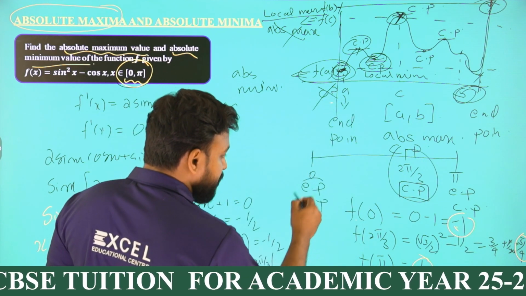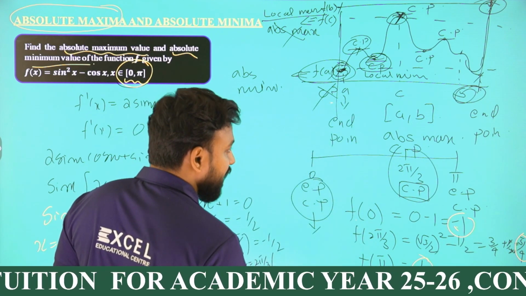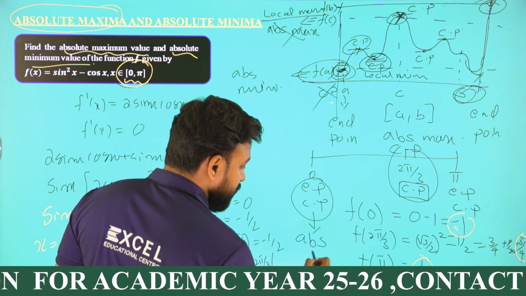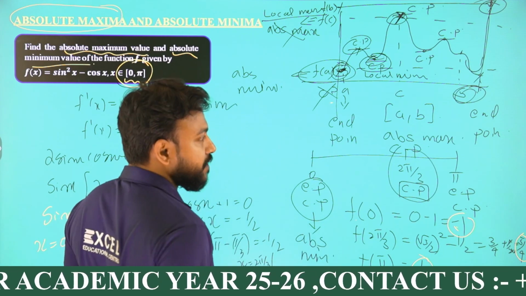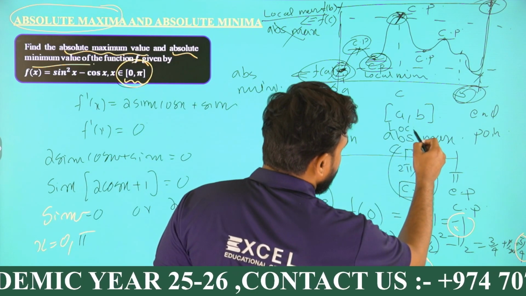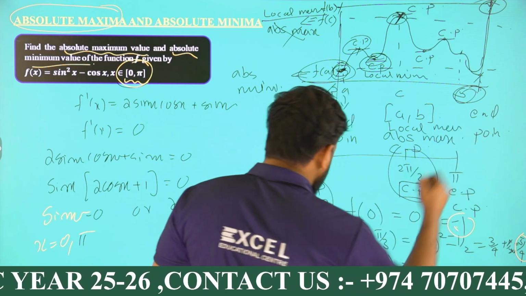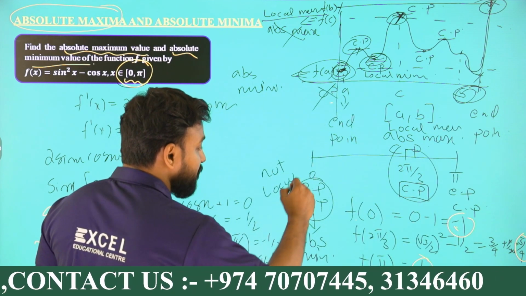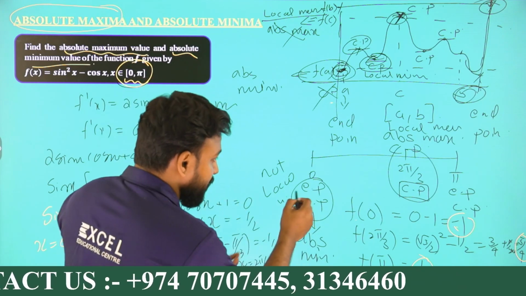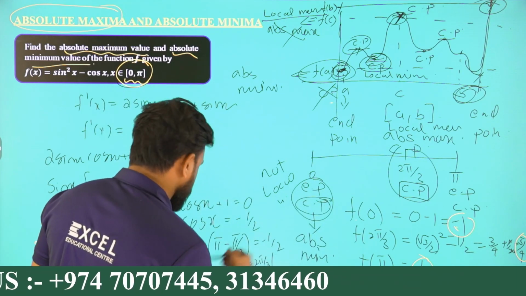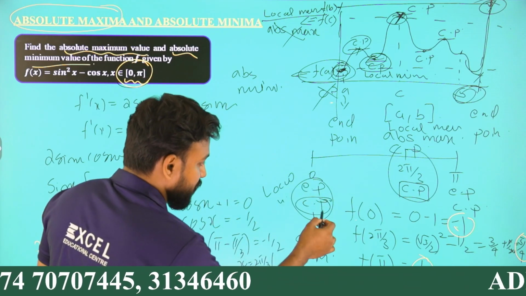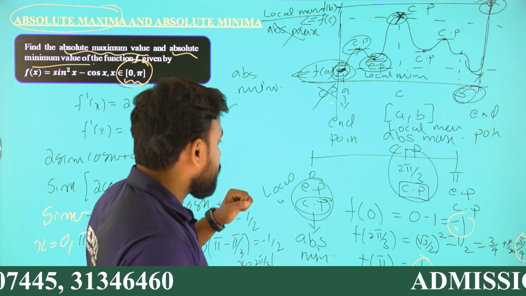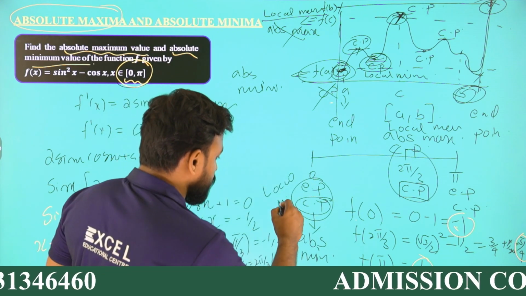So this is an end point, a critical point, and the absolute minimum. Ready? And this is also a local maximum. And it's a local minimum also, because it's a critical point as well. Fine.